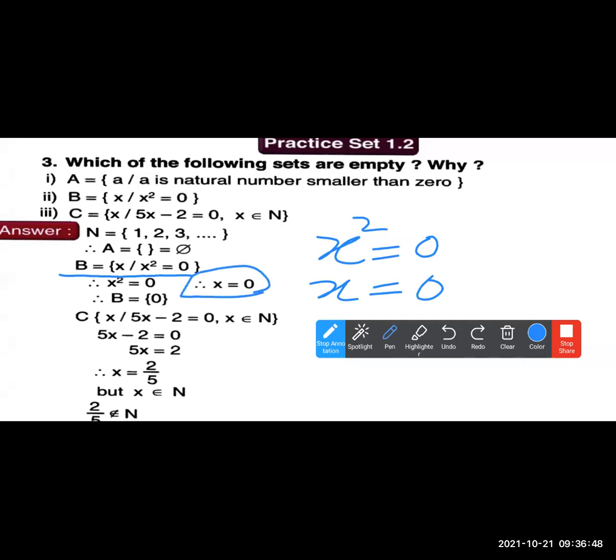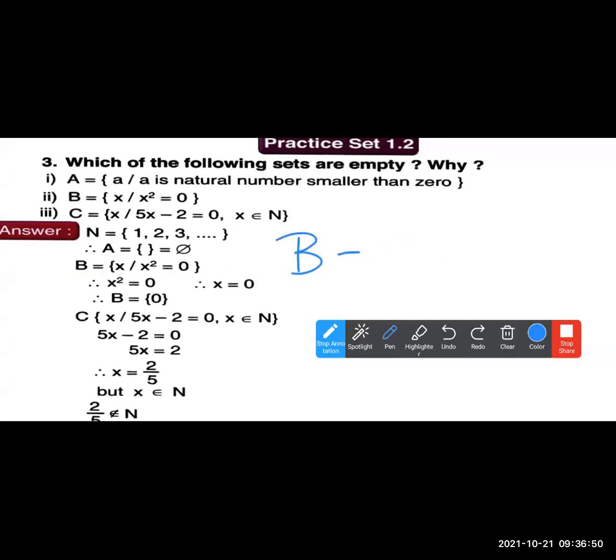But 0 is also an element. B is equal to {0}, we write 0 in the opening and closing braces. So here one element, 0, is present. Even if 0 is an element, therefore this is not an empty set.